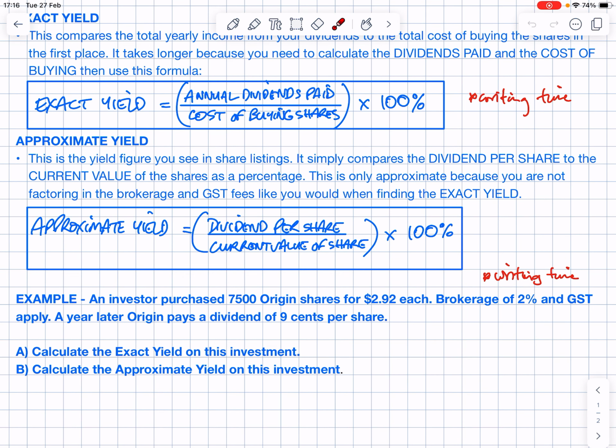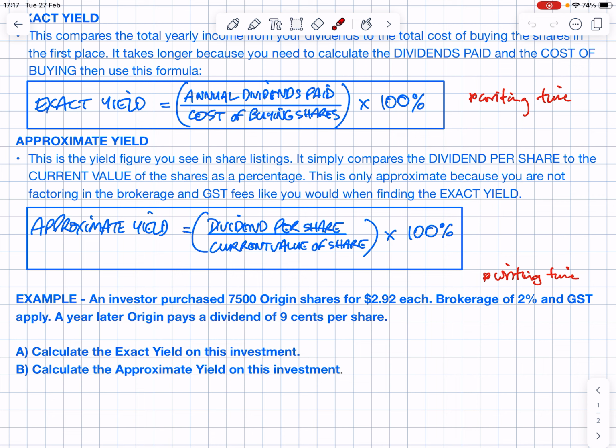Now, the approximate yield, this is the yield figure that you actually saw in the share listings from the earlier lesson. It simply compares the dividend per share to the current value of the shares as a percentage. So you're not doing a cost of buying, you're just comparing to the current value of the shares. So this is only approximate because you're not factoring in the brokerage and GST like you did before. You're not finding the cost of buying the shares, you're just comparing it to the price.